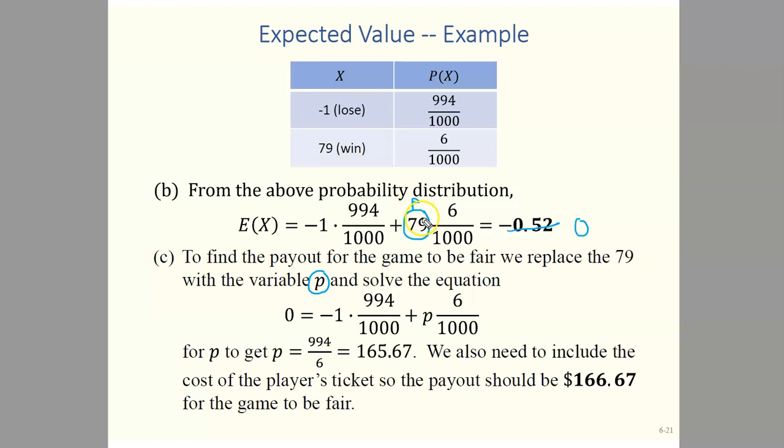And that'll determine what the payout should be so that the game is fair. The expected value is 0. So here's our equation set up right here, and we just have to solve that.